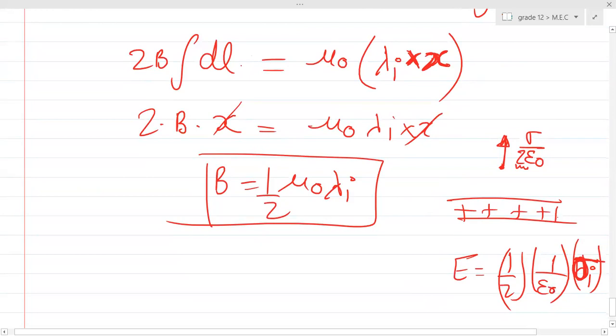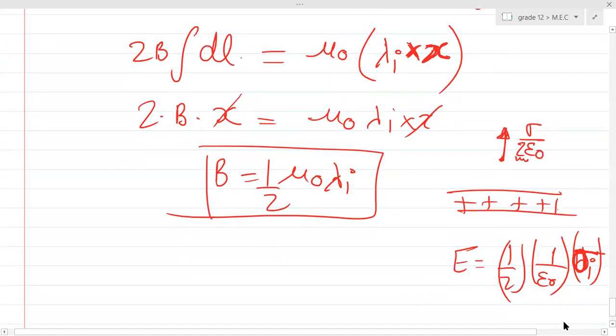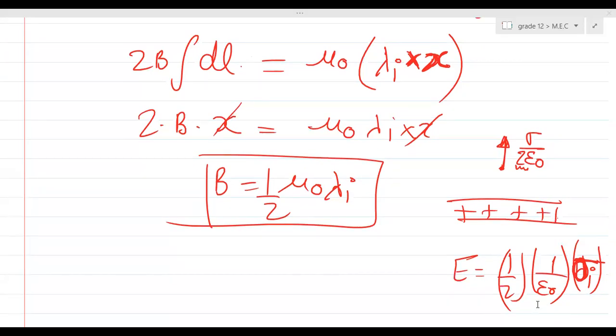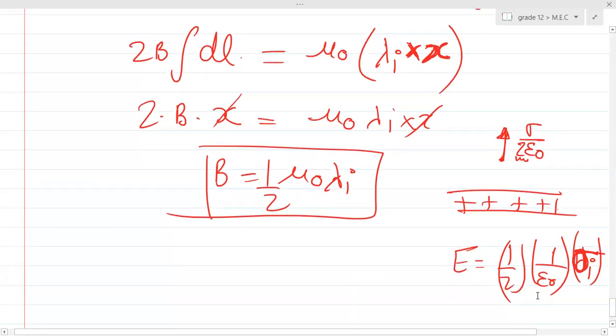Yes, sir. So the electric field and this thing are analogous to each other. You just need to find that analog. That's it. Is this clear, guys? Yes, sir.